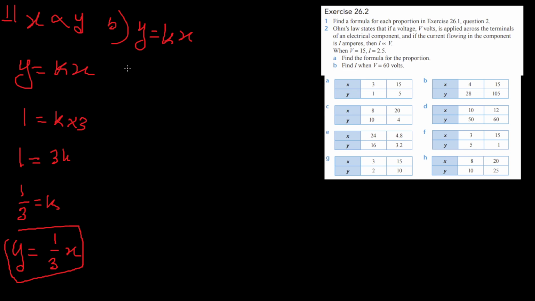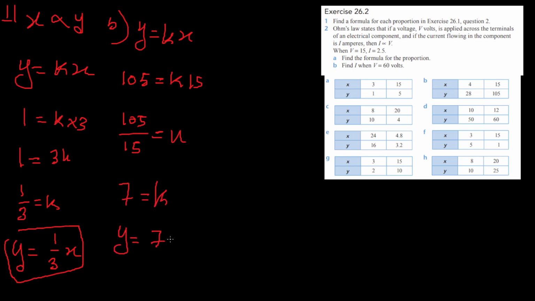So 105 equals k times 15. So we just put 105 by 15 equals k. And if we divide 105 by 15, we get 7. So 7 equals k. So we can write y equals 7x. This will be our formula.